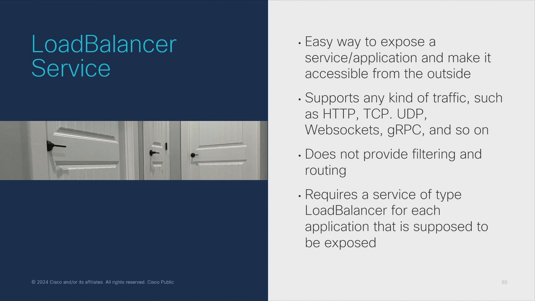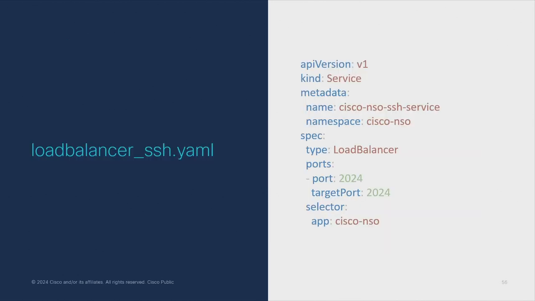Unfortunately, the load balancer service doesn't provide any filtering or routing capabilities. That in turn means that for every application that you want to expose to the outside world, you have to create a separate load balancer object. And why is that important? Well, that is generally associated with extra cost in your cluster because you need extra objects. So you might want to keep that in mind. Nonetheless, it's a fantastic way to expose our CLI port.